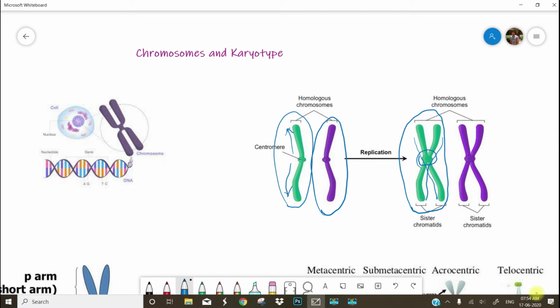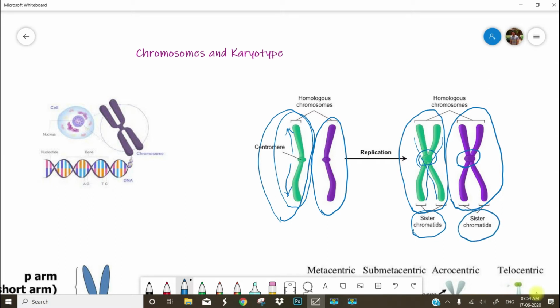We can call these strands sister chromatids. So this is a non-duplicated chromosome, or chromosome just before duplication or replication, and this is a duplicated chromosome which contains two identical strands joined by a region known as centromere, and we call those strands sister chromatids.